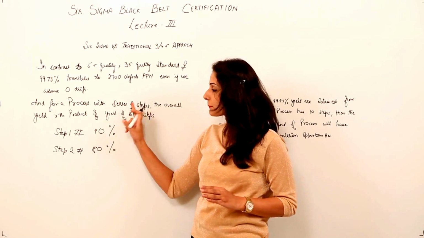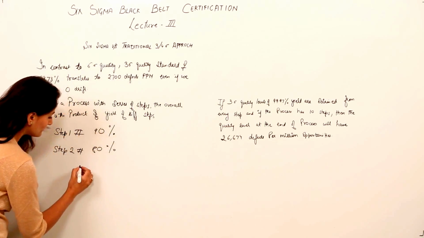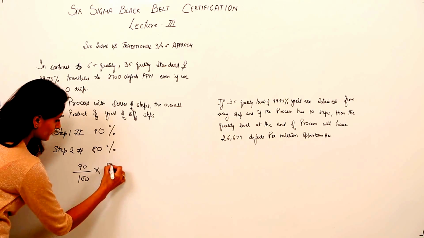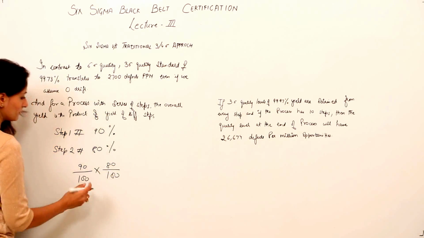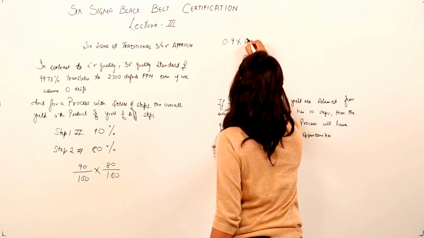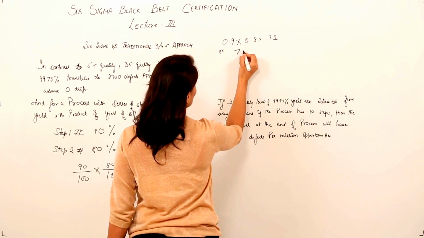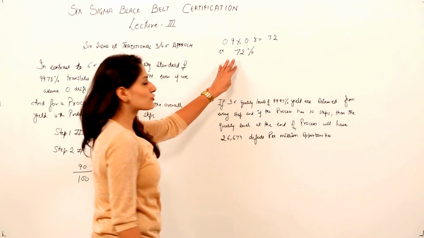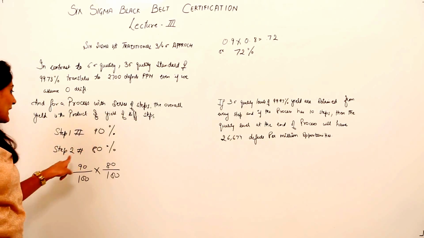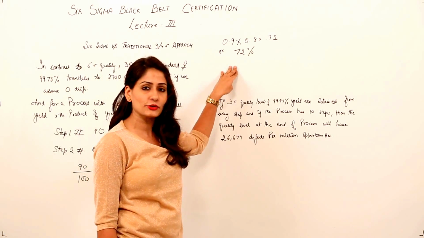The overall yield will be the product of these 2 steps, that is, let me calculate it for you. 0.9 times 0.8, which would be 0.72, or 72%. So, now you can see that the yield for step 1 was 90% and the yield of step 2 was 80%, but the overall yield is 72%.